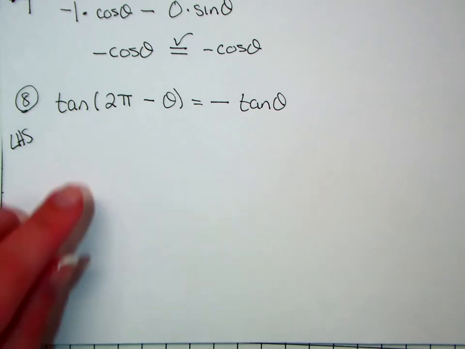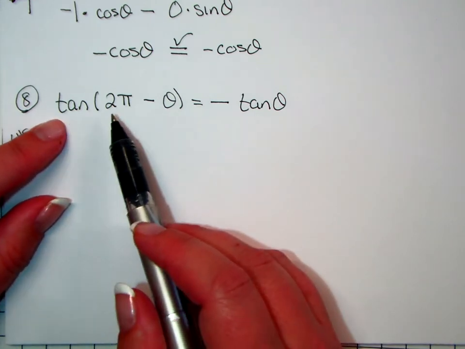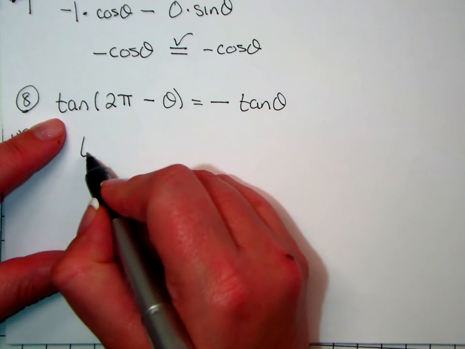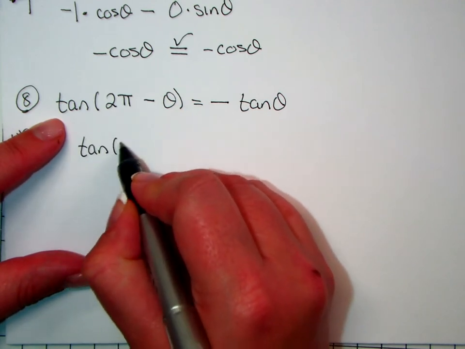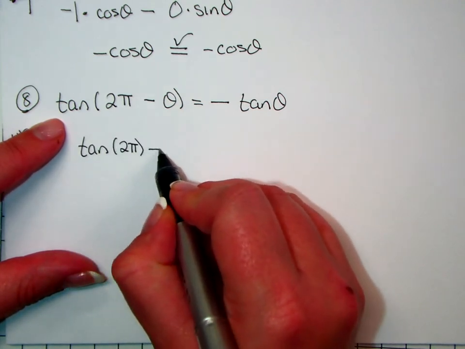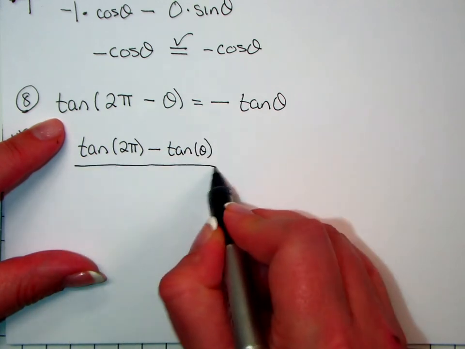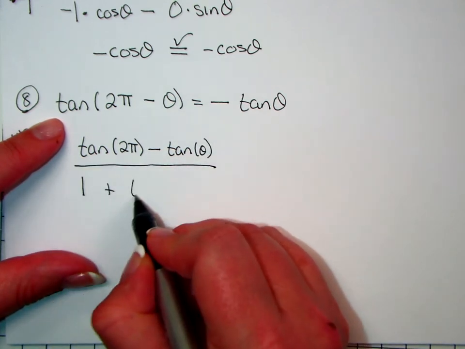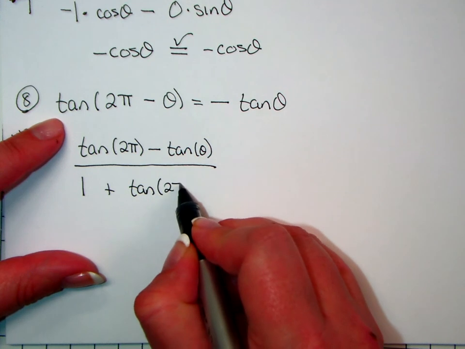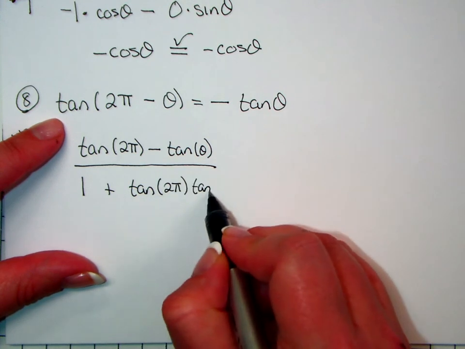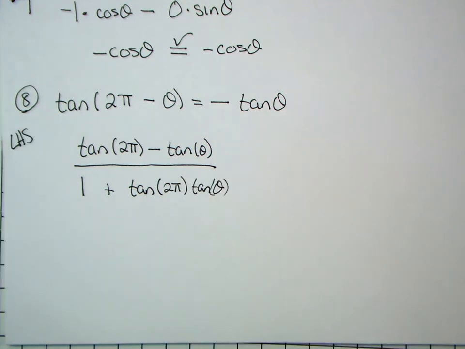All right, so the difference formula for tangent is tan of the first minus tan of the second, all over 1 plus tan of the first, tan of the second. Okay.